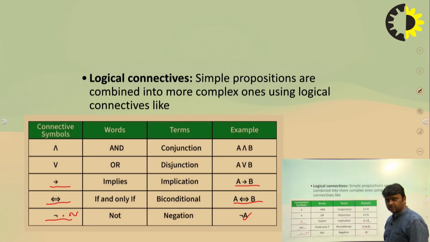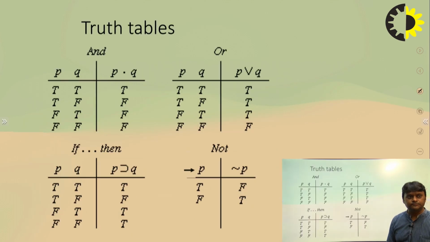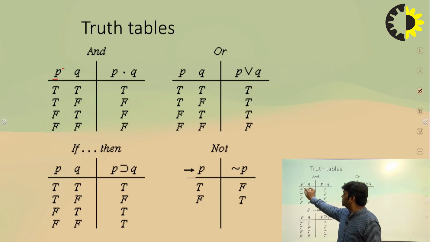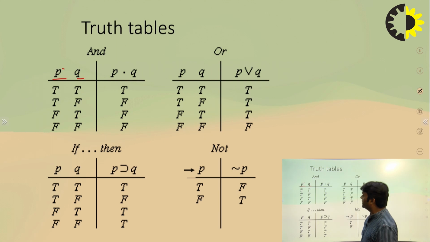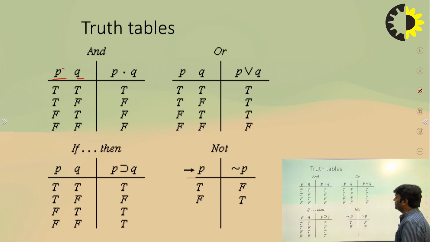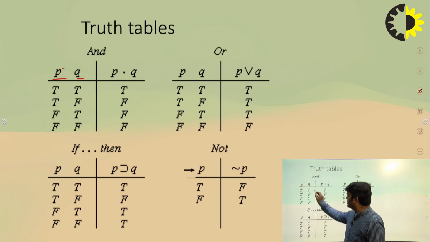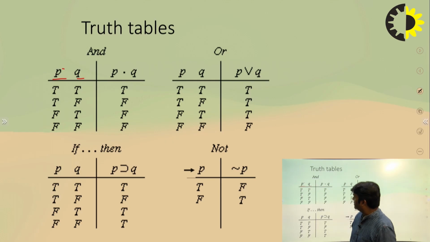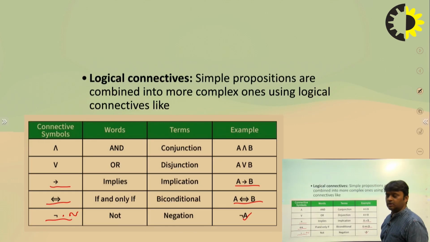If we construct a truth table for these logical connectives, so for AND there are two sets P and Q. When we apply the AND operation, the truth table, I will explain here.